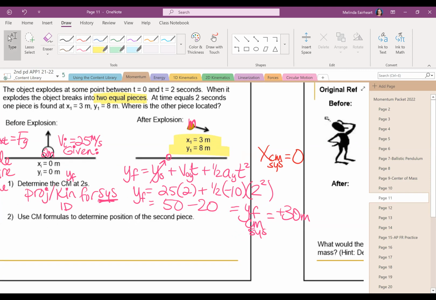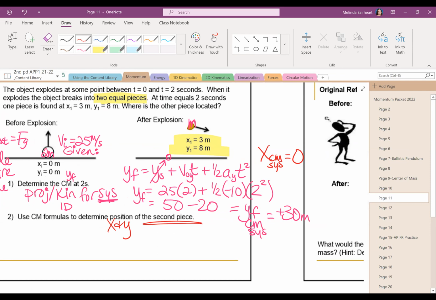Okay. Use your center mass formulas to determine the position, and we're looking for X and Y here, for the second piece. And again, it's equal mass, so that's nice. And so one of these, we really don't need to do the equation. Initially, you have 0 meters in the horizontal for your system, right? In the end, it's going to be 0.